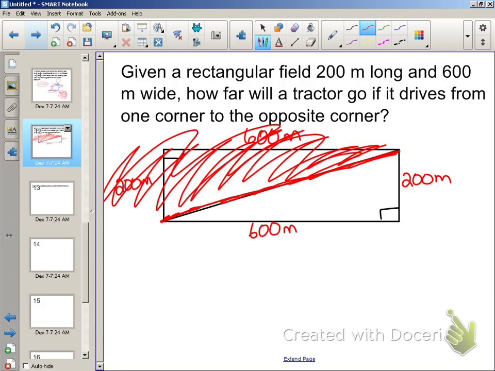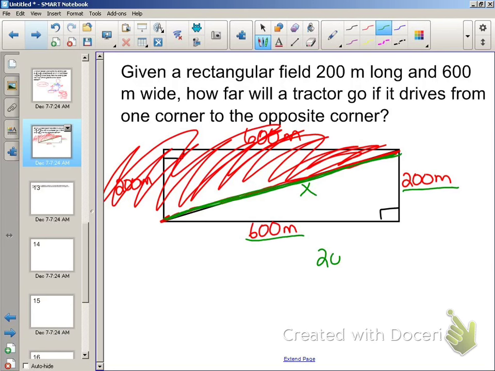I can figure out what that side length is right here, because I'm given two sides and I'm looking for the other side.